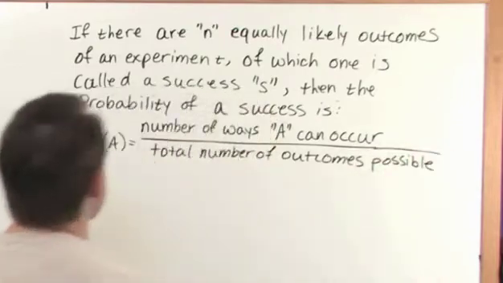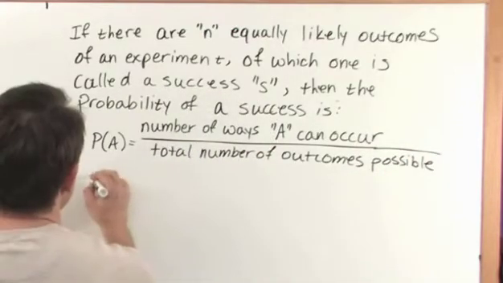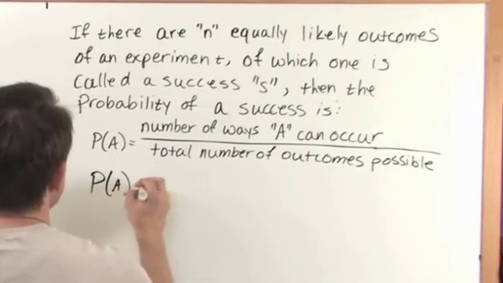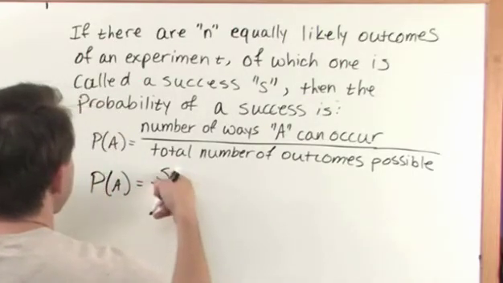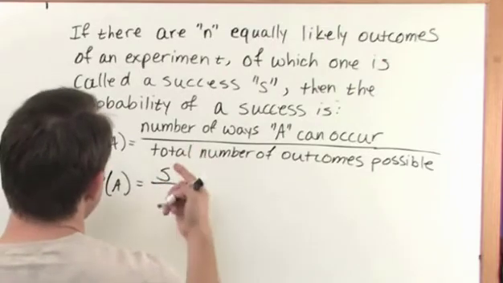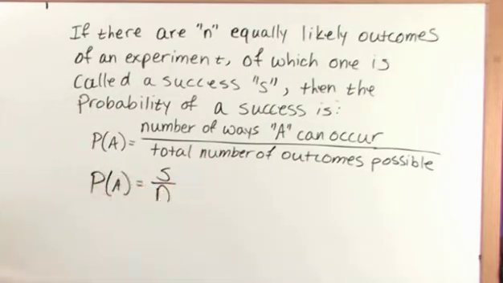Okay? That's in words. And what I'm going to do is write it down below. So P of A is going to be equal to, in terms of an equation, S, which is the number of ways my success can occur, success of my event A, divided by the total number of ways, N, that thing can happen. So let's talk about this.